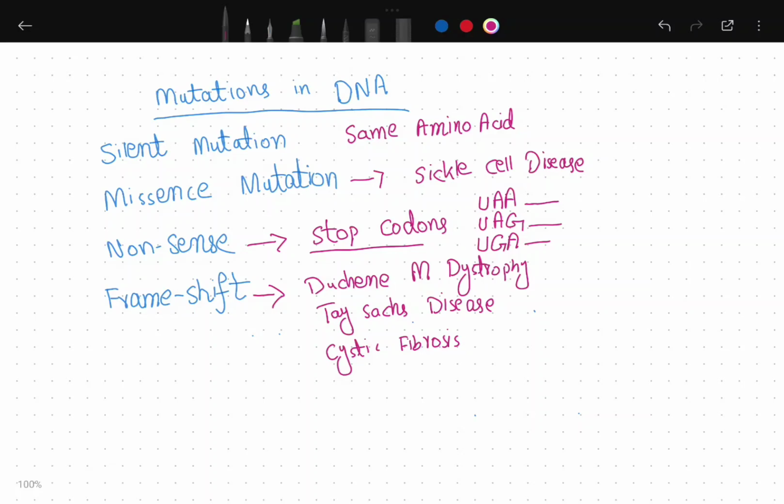In frameshift mutation, the nucleotides deleted are not divisible by 3. There is misreading of all nucleotides downstream, and the protein may be shorter or longer.